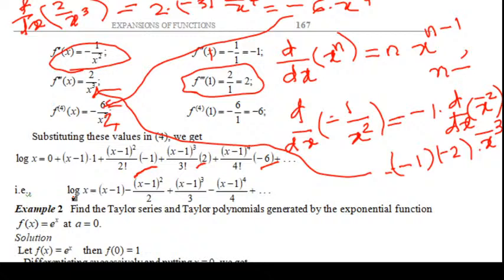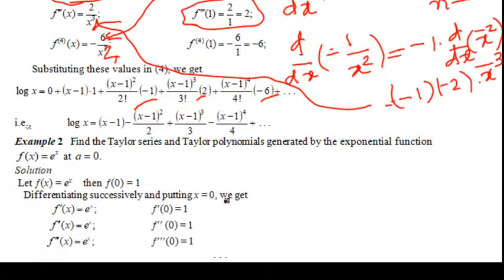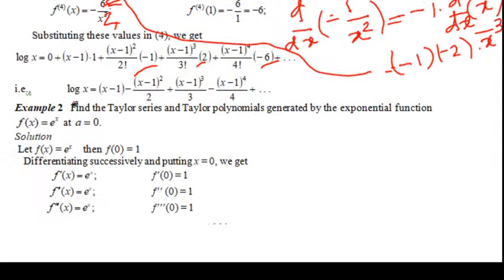And on simplification, we get log x is equal to x minus 1 minus x minus 1 all square by 2 plus x minus 1 all cube by 3 minus x minus 1 to the power 4 by 4 plus etc. Okay. This is the Taylor series expansion of the function log x.